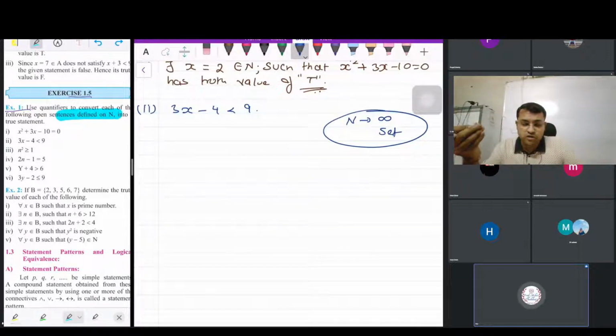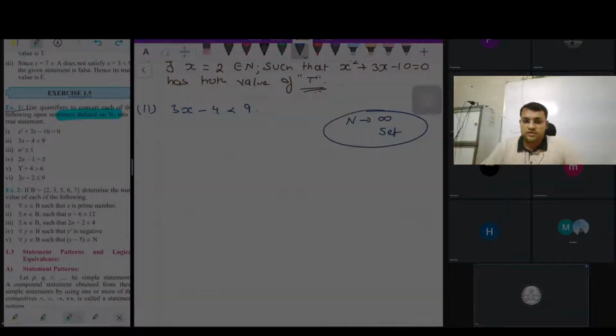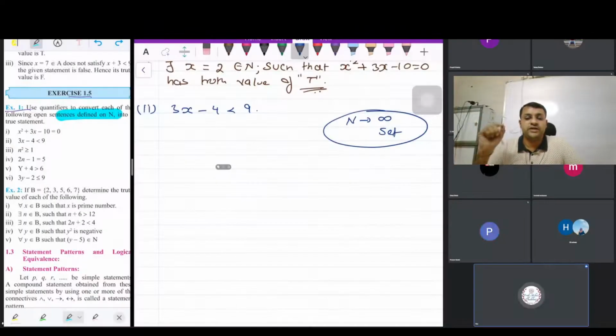So now I am sure that all the numbers of the set of natural numbers are not satisfying this particular condition. So the for all quantifier has been ruled out. Now there is only one quantifier that I have to consider, there exists.